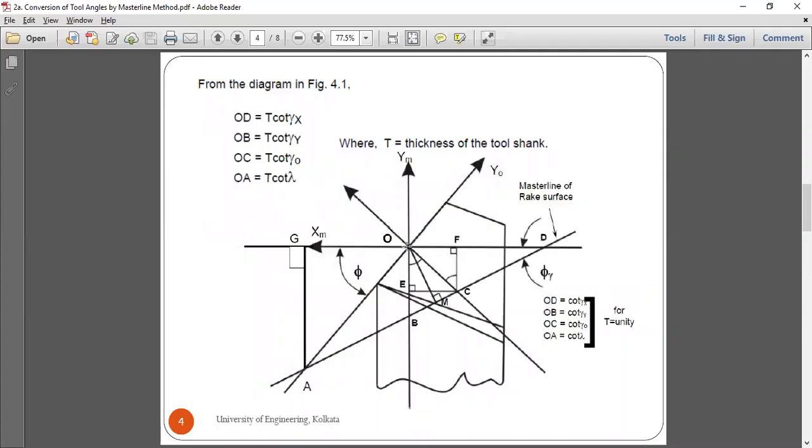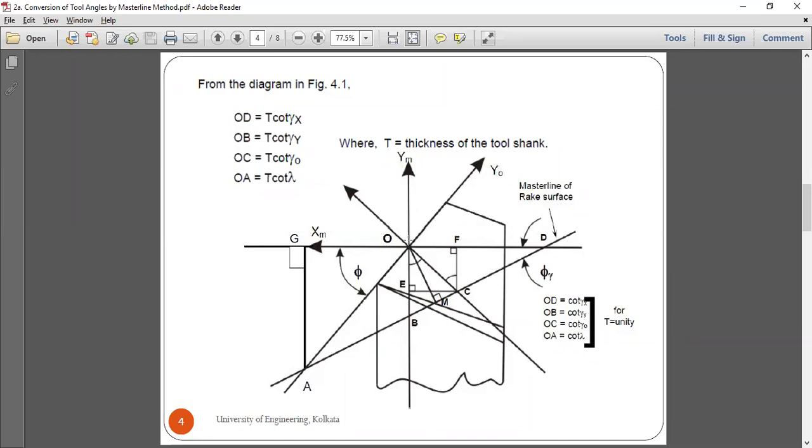OA corresponds to lambda, gamma x is your OD, and gamma y is your OB. I believe all of you have it clear in your mind which line you should take for which angle. OA corresponds to lambda, OD corresponds to gamma x, OB corresponds to gamma y.